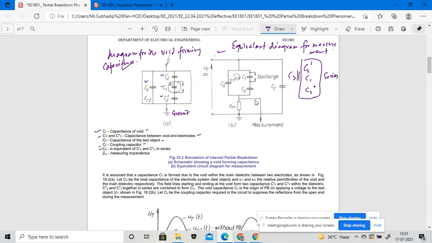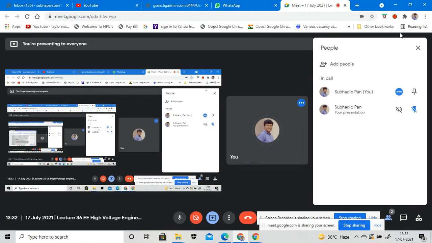And C2 is the equivalent of C2 dash and C2 double dash connected in series, and Zm is my measuring instrument impedance, as we are considering the equivalent diagram for the measurement. So Zm is my measuring impedance, for calculating the measuring values of voids or cavities, right?